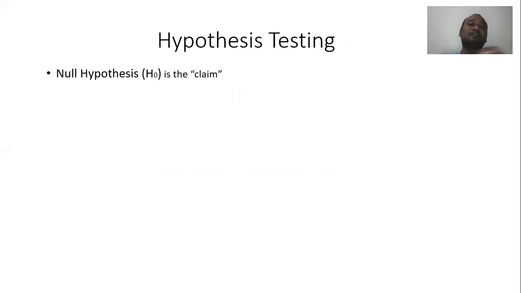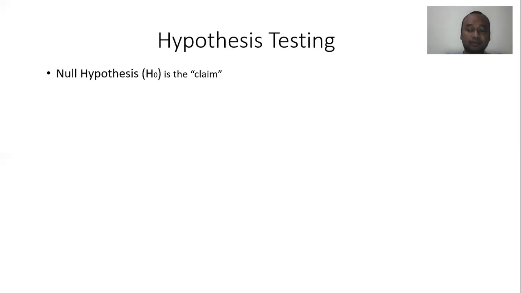All right, from those examples, now we can see the step-by-step methodology of hypothesis testing. The first step is the null hypothesis. It is denoted by H0.